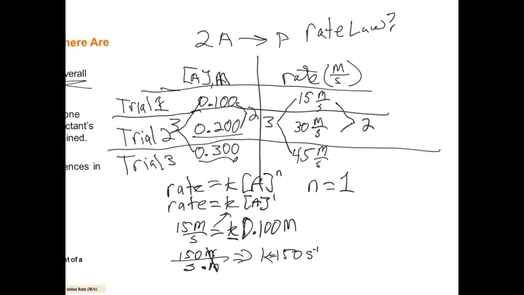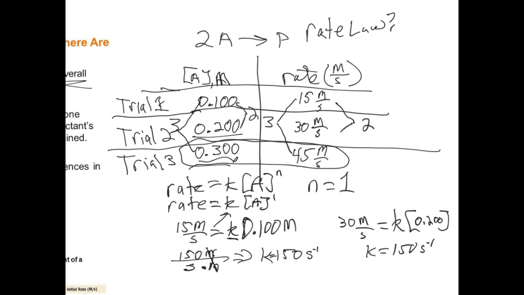All right, I got my rate is 30 molar per second, and that's equal to k times 0.2. If I do the same thing, guess what I'll get? k is equal to 150 reciprocal seconds. And guess what I would get for k if I did that one? Same thing, 150 reciprocal seconds.